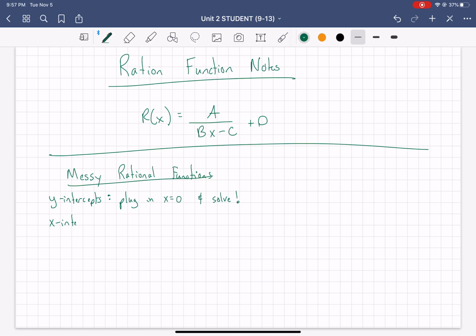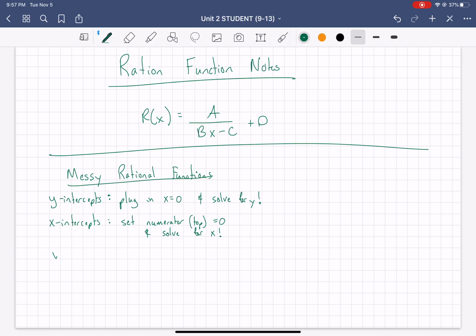For our x-intercepts, we need to set the numerator, which we also call the top of the fraction, equal to 0, and solve for x. And maybe let's come up here and change the solve for y. All right, we have the two types of intercepts.